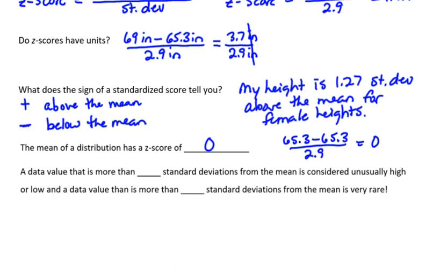Also, just for your information, a data value that is more than plus or minus 2 standard deviations from the mean is considered unusually high or low. And a data value that is more than 3 standard deviations from the mean is very rare. So if you have a height that is more than 2 standard deviations above or below the mean, it means you're very unusual. You fall in a small group.